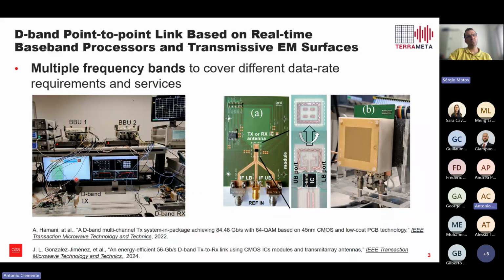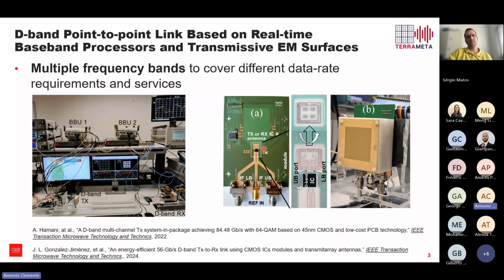And after you can see that there are two different devices, the transmitter and the receiver radio frequency devices, that are based on an IC that we developed in Leti that is integrated on a specific packaging based on printed circuit board. This IC is the transmitter, but we have also the receiver in a similar technology.